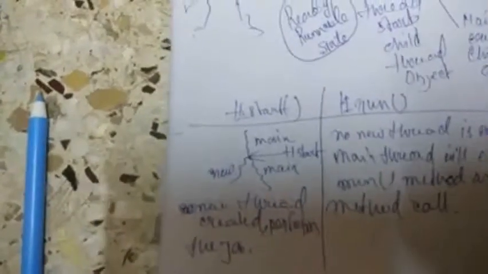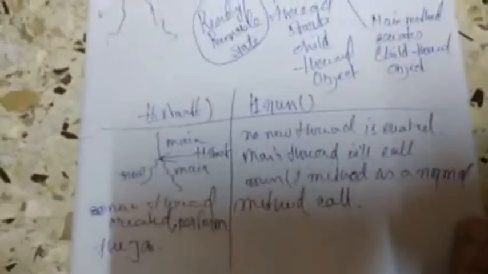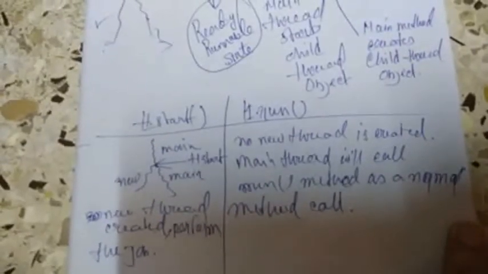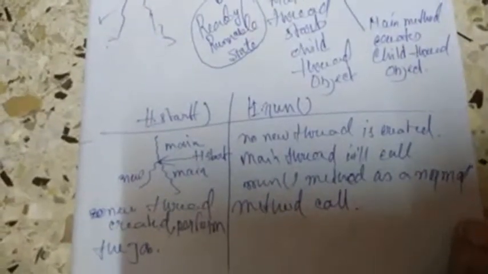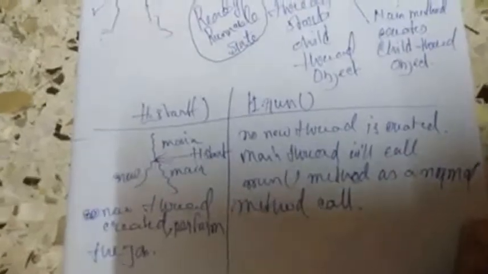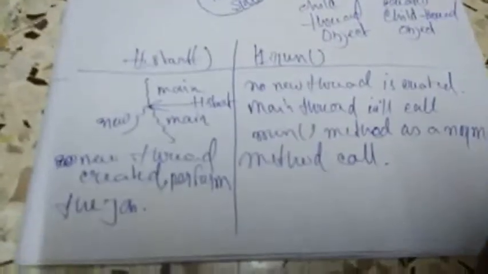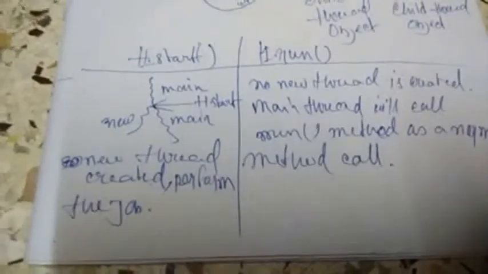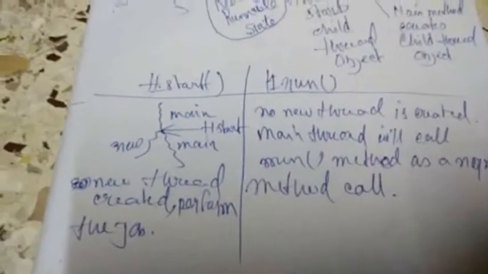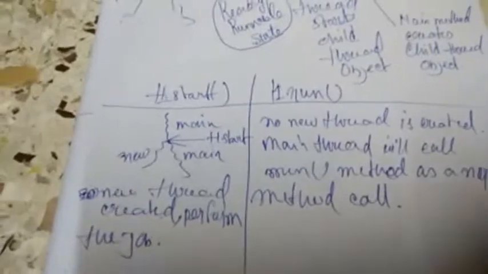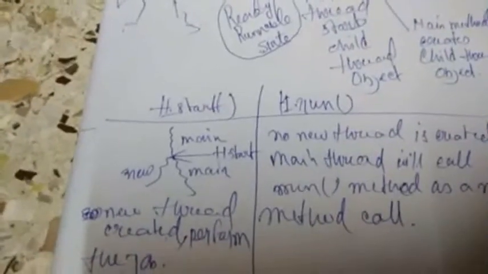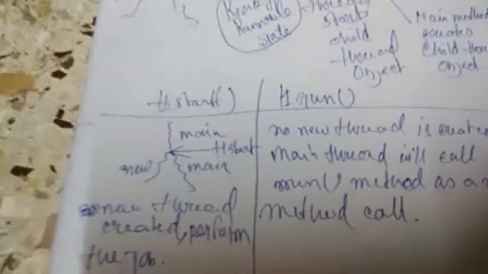So you must write t1.start to create the child thread and to perform the specific job that is created inside the child thread. So that is the difference between t1.start and t1.run.